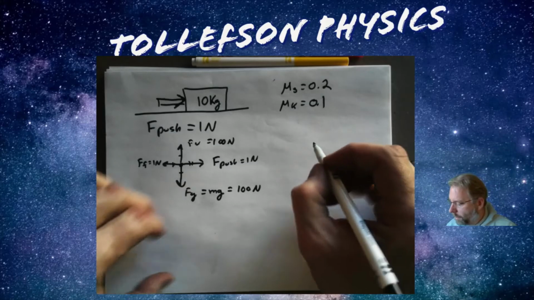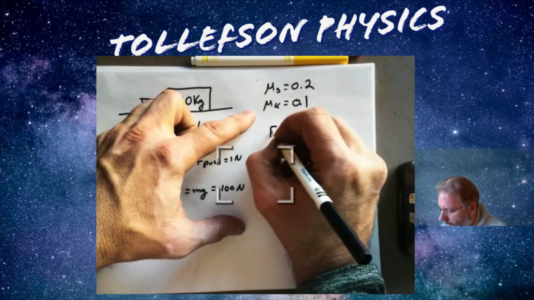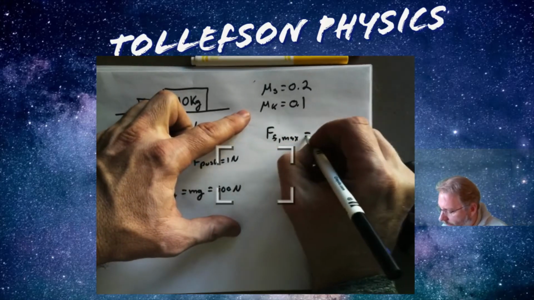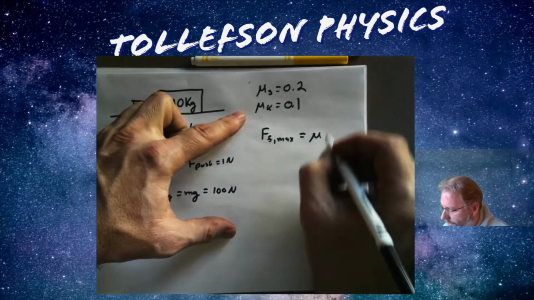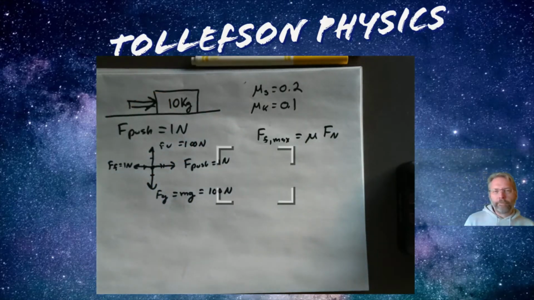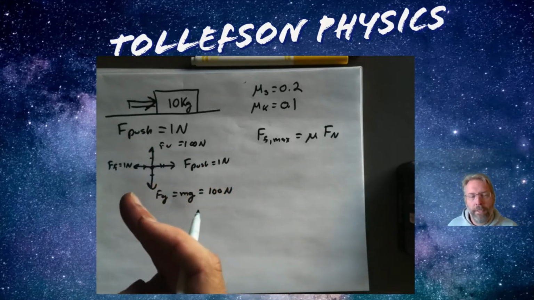Essentially, you can calculate the maximum force of friction if you multiply the coefficient of friction times the normal force. The force of friction can't exceed this value, which means once I get to that value, this block will start to accelerate.